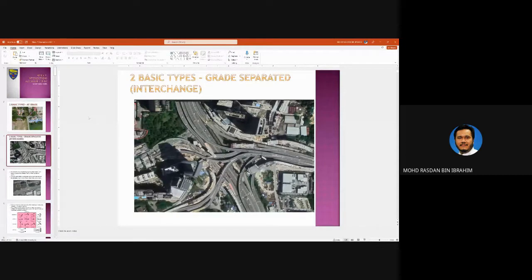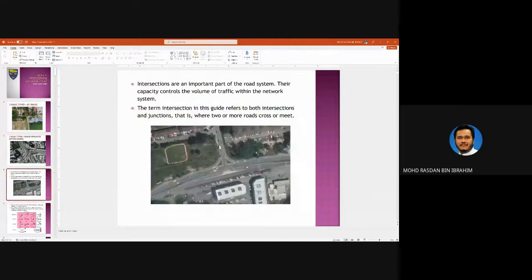Okay, so in these notes we are going to cover only at-grade intersections, because that's the most basic and the most popular type of intersection that we're going to face. So it is one of the most important parts in our road system, because it governs the capacity of our road.